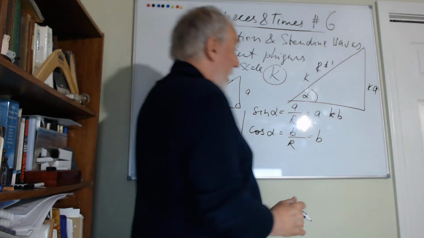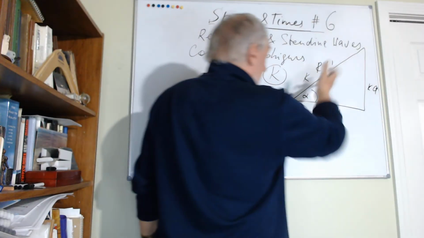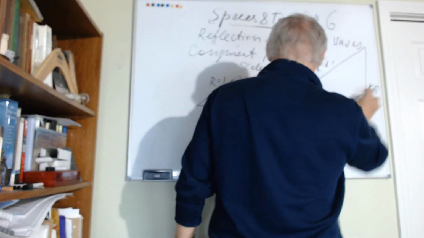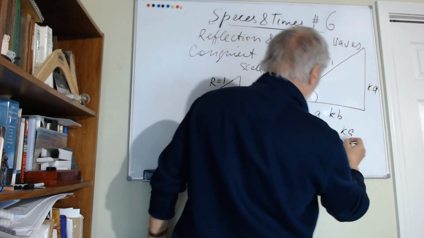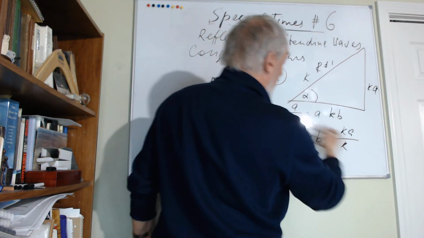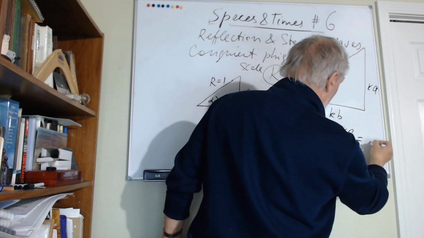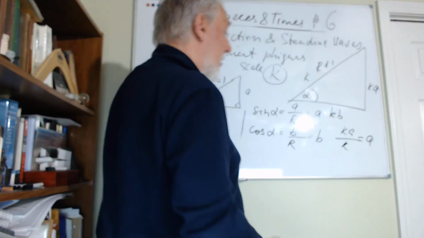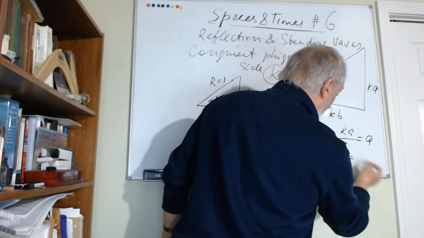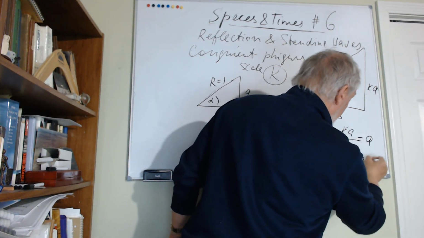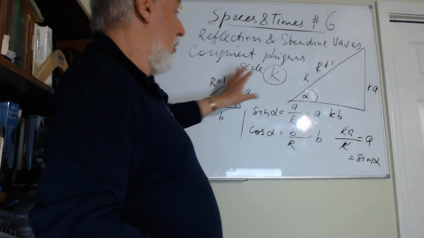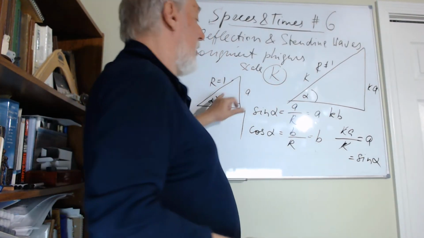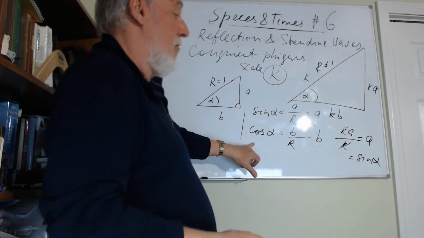If you divide KA by the hypotenuse K, what you will get is still A, which is sine alpha. So with congruent figures the angles are the same, and of course sine and cosine are the same.